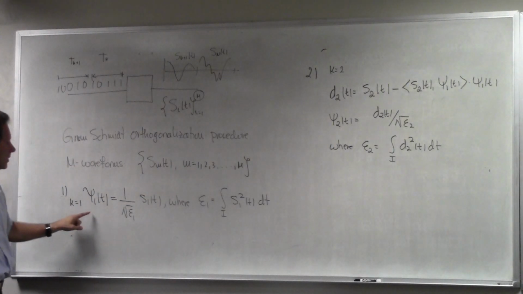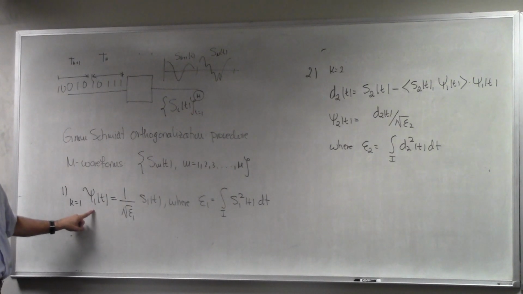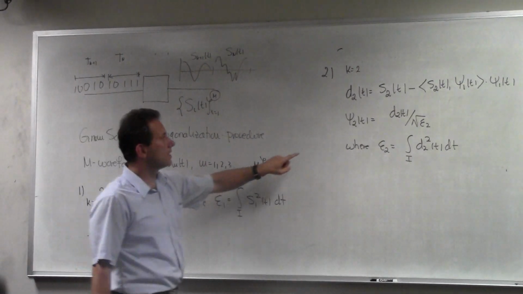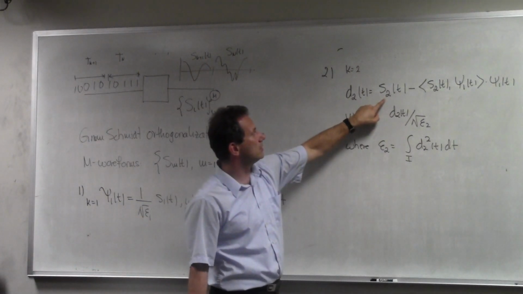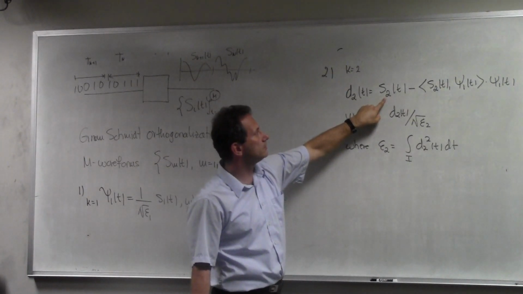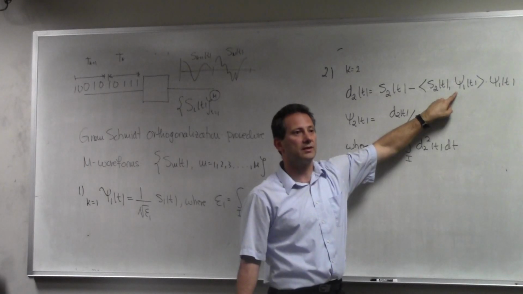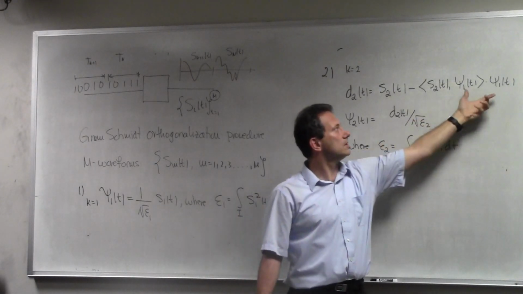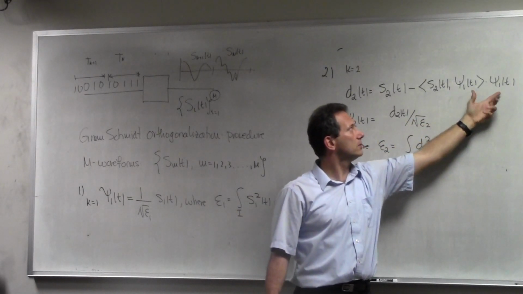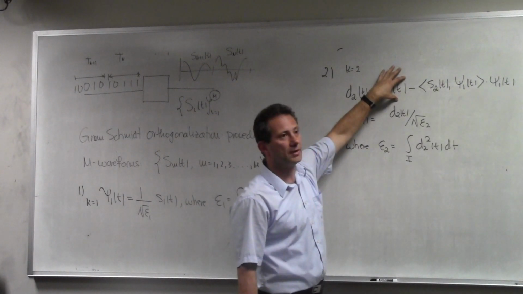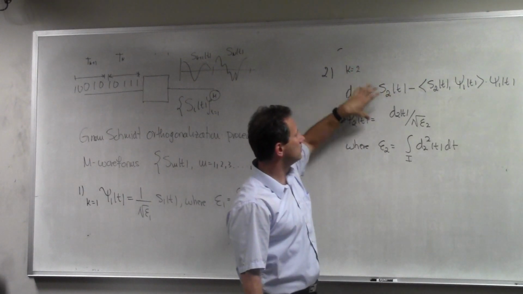So this is how you get your first basis vector. Once you have the first one, the second one you get through this process. You take the second of your signals, project it, or take the dot product with the first extracted basis vector, times the basis vector, and then you subtract that from s_2(t), and whatever you get, you normalize.